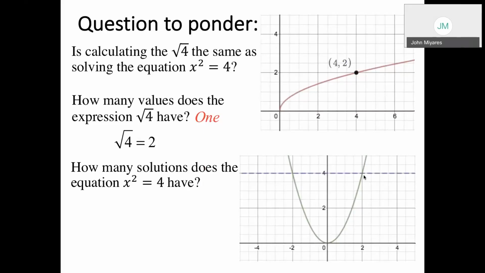If I were to look at where the two graphs cross each other, that will represent the place where the two equations have solutions in common. Where y equals x squared crosses y equals 4, that will be where x squared equals 4. What you should notice here is that this line crosses the parabola twice at the points negative 2, 4 and positive 2, 4.